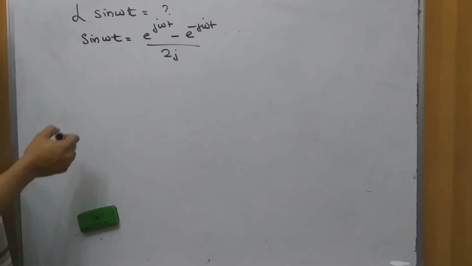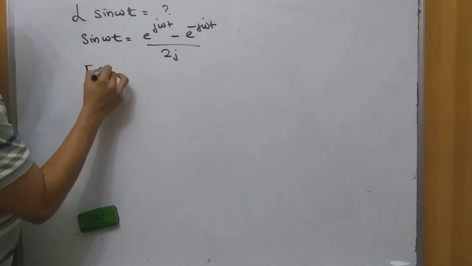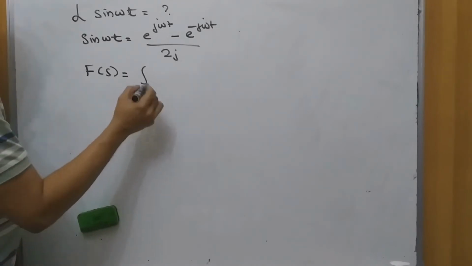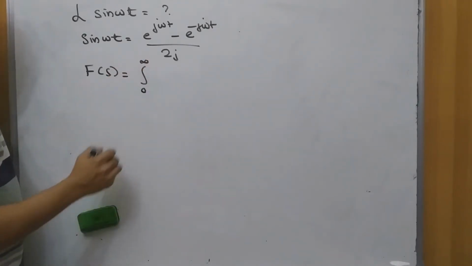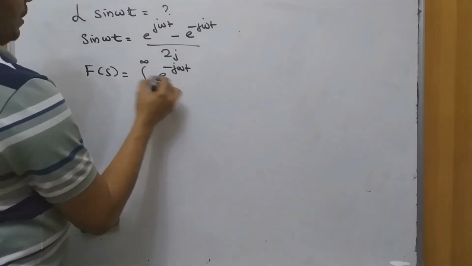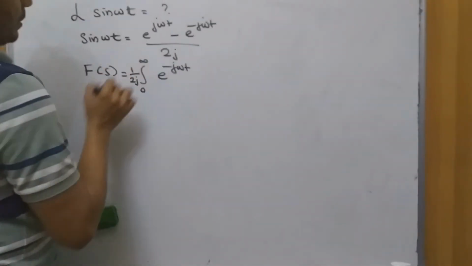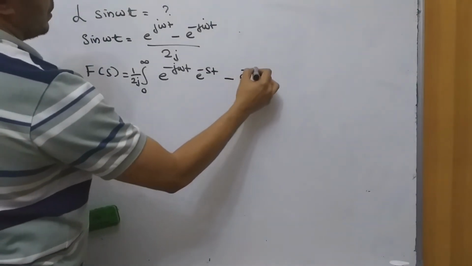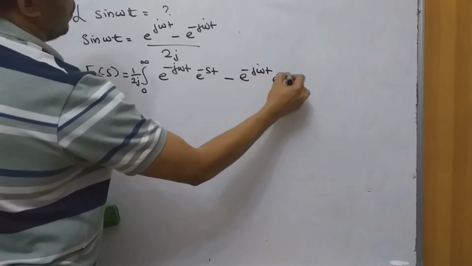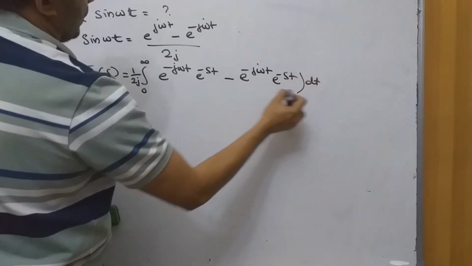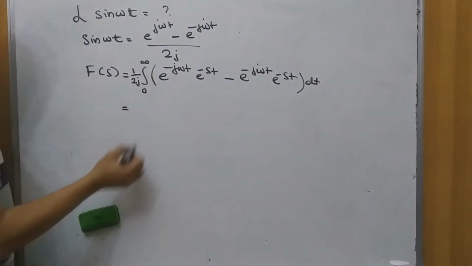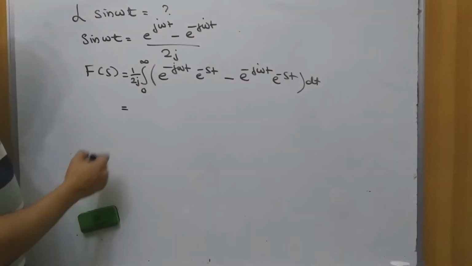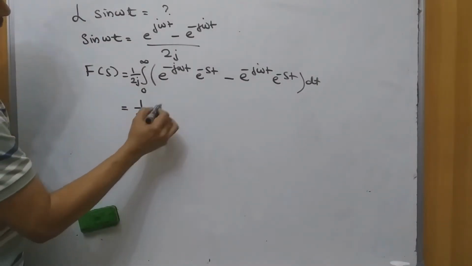If we substitute this in the Laplace transformation equation, we get the integral from 0 to infinity of e raised to minus st times this expression. We take 1 by 2j as a common factor, and multiply the first term by this, minus the second term, exactly the same way we did for cos omega t.